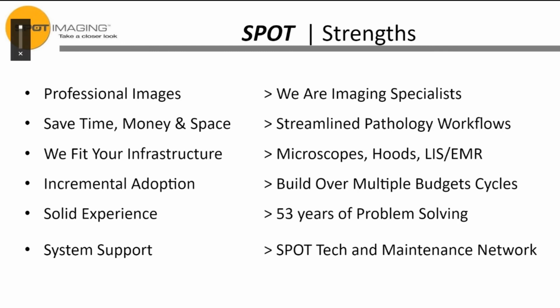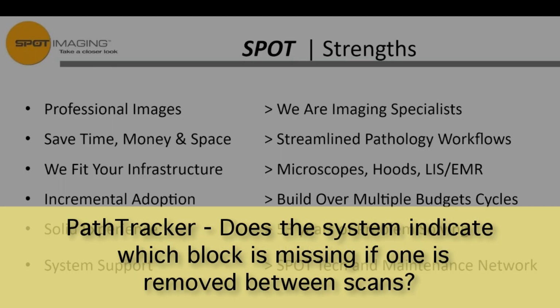From Emily Wagner, on PathTracker, does the system indicate which block is missing if one is removed between scans? So there's two types of scans that we do. One is what we would call a reconciliation. A reconciliation is generally used when you're shipping from one location to another and there's no rearrangement of the cassettes.